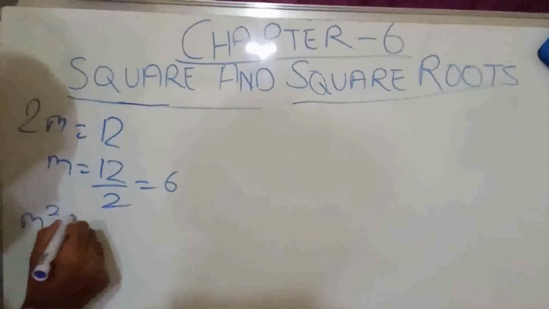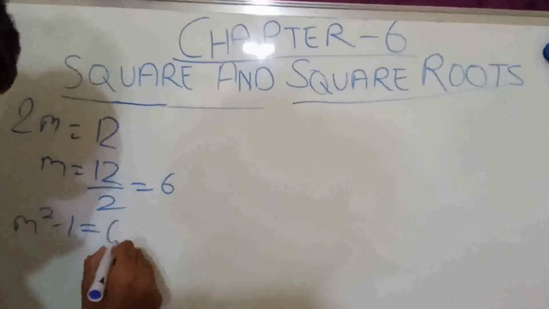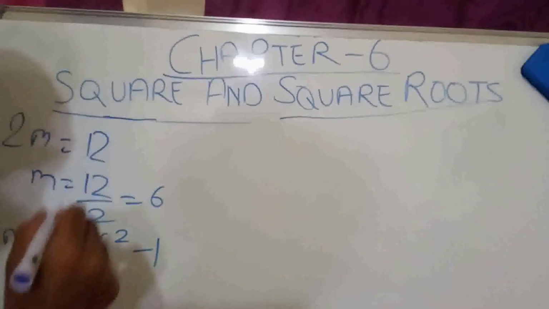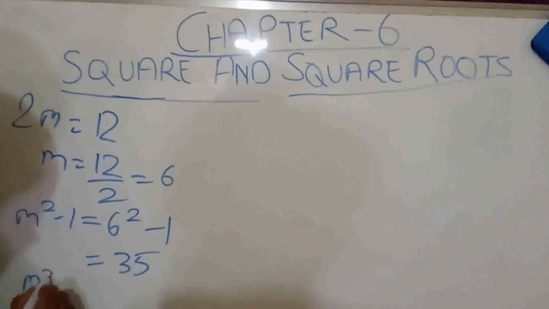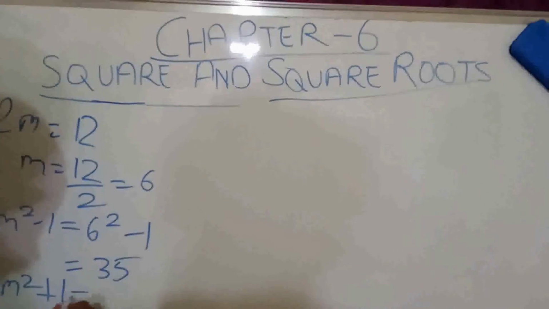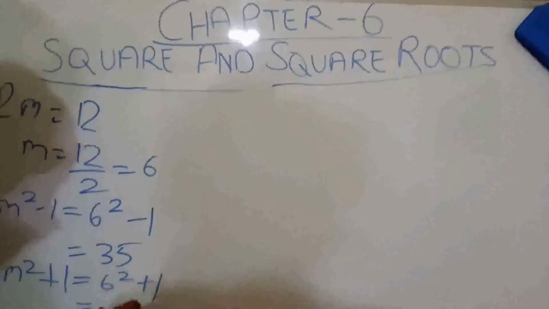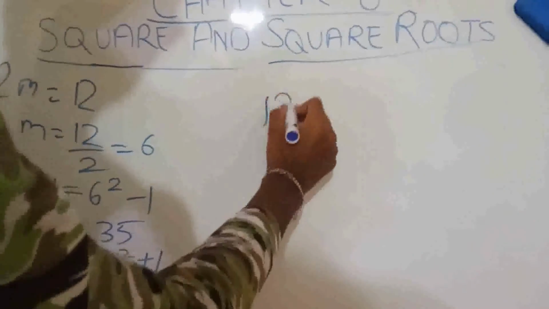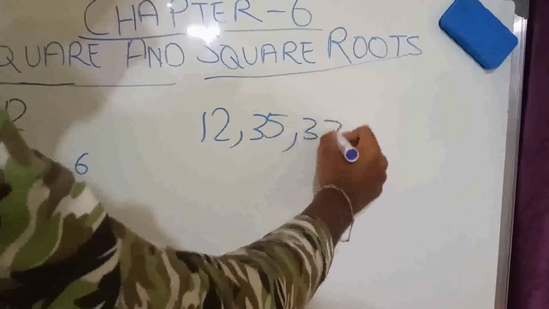That is m square minus 1: 6 square minus 1, which is 36 minus 1, 35. And the other number is m square plus 1, that is 6 square plus 1, 36 plus 1, 37. So here we have found the other triplet, that is 12, 35 and 37.